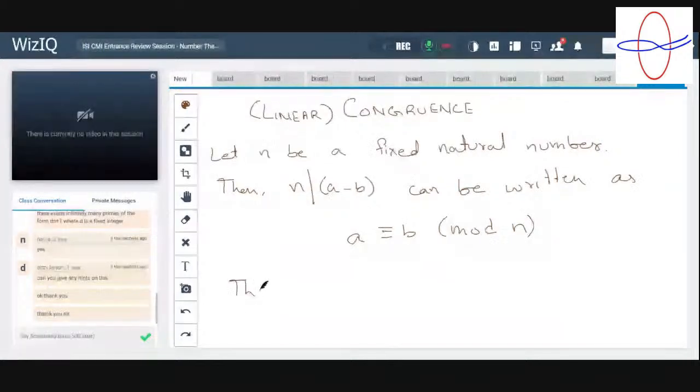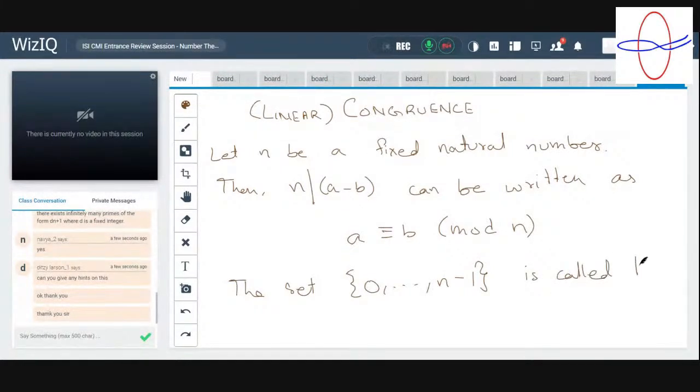Then the set 0 to n minus 1, that is all possible remainders, is called the set of least positive residues modulo n.